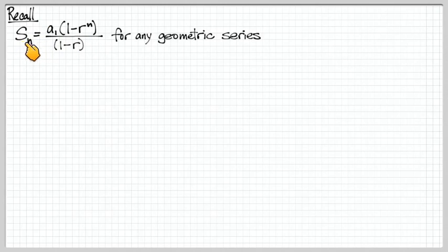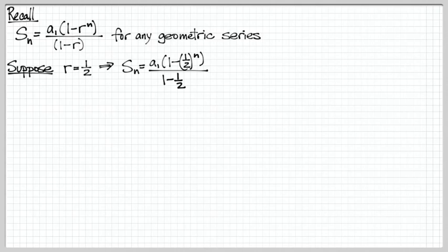So we had the sum of the first n terms of a geometric series is the first term times 1 minus r to the nth power over 1 minus r. So suppose r in this case is 1/2. Let me plug that into the equation.